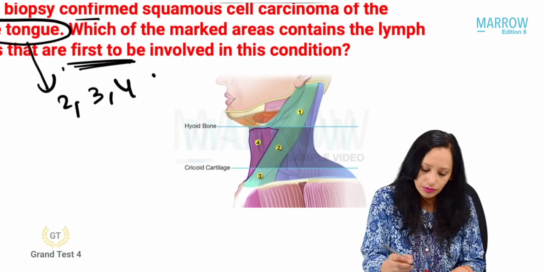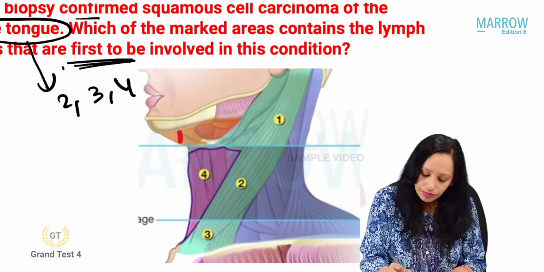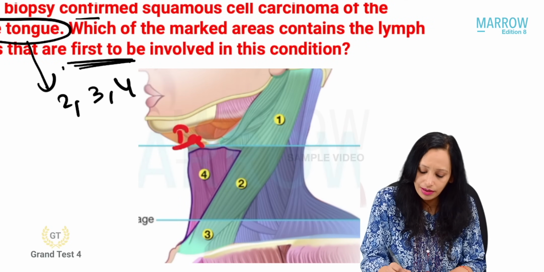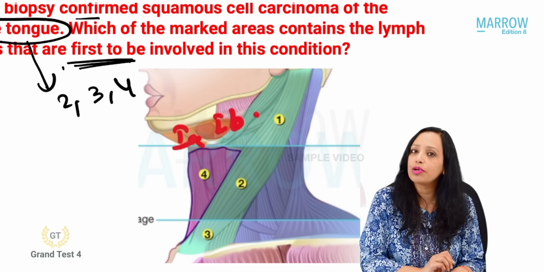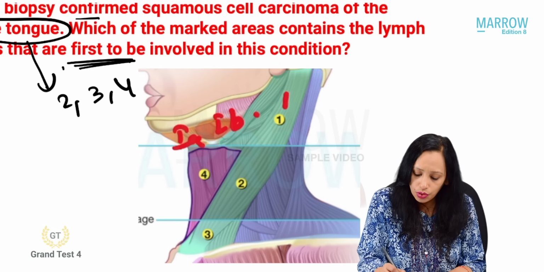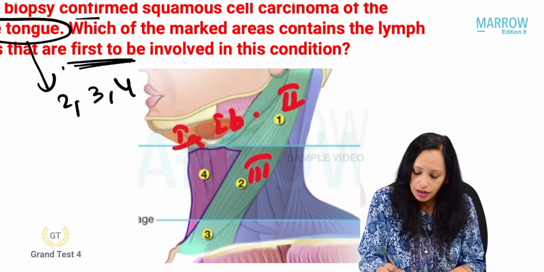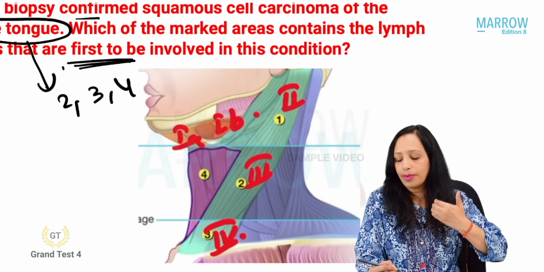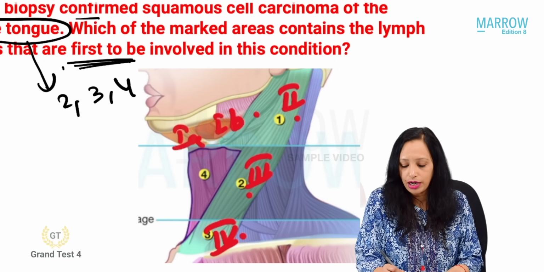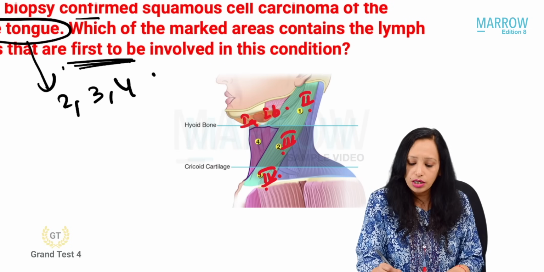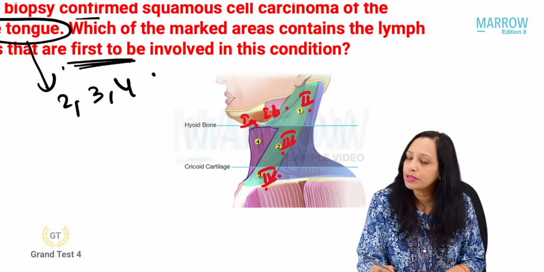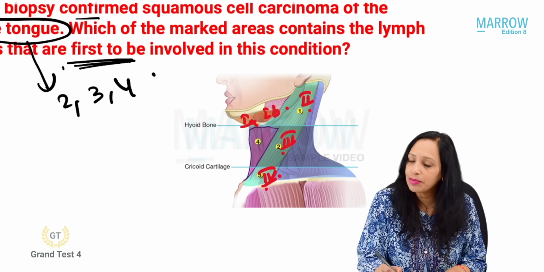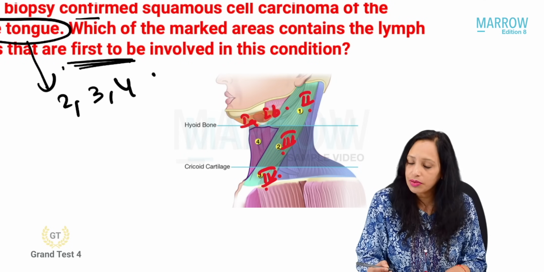So what are the lymph nodes? 1A is the submental, 1B is the submandibular. 2, 3, 4 are along the sternocleidomastoid, upper one-third, middle one-third and lower one-third. Level 2 is known as upper deep cervical, 3 is middle deep cervical, 4 is lower deep cervical.